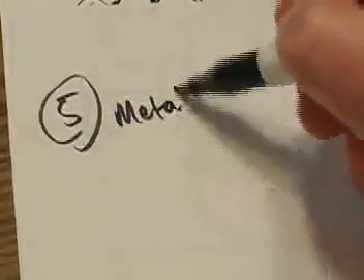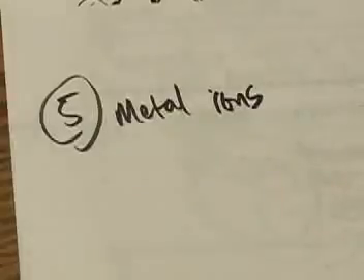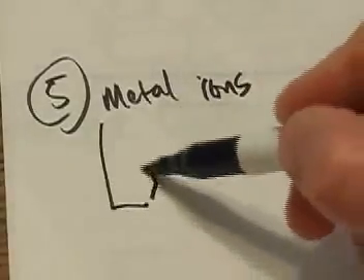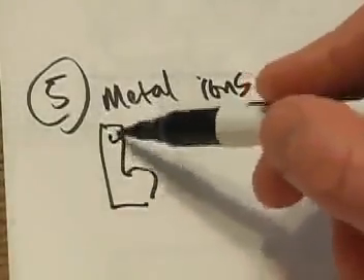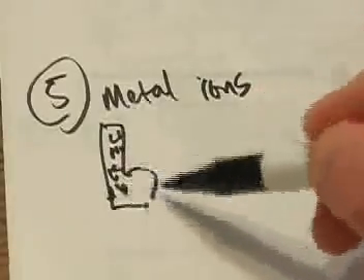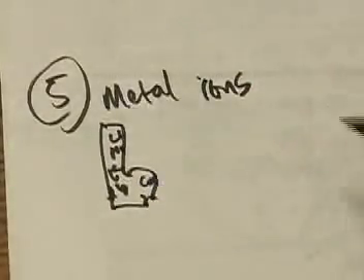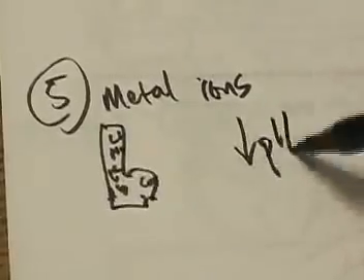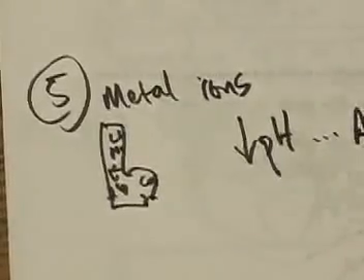2 more rules. Rule number 5 says that other metal ions that are not from the strong bases, so if it's not from the B ones on the periodic table, you know, lithium, sodium, potassium, rubidium, calcium, strontium, barium, if it's other ones than that, they will cause a decrease in pH, and therefore they'll be acidic.